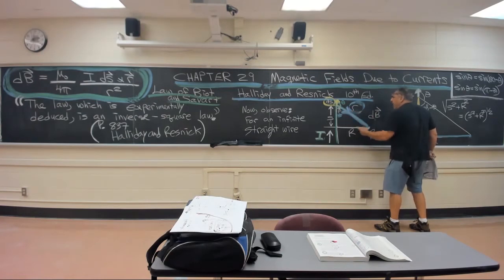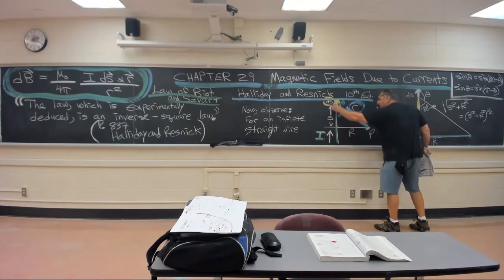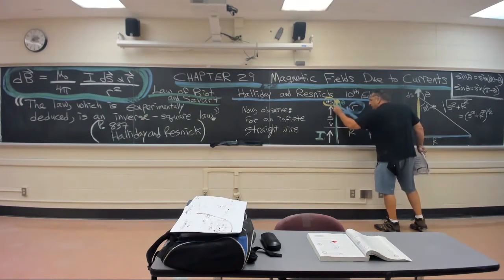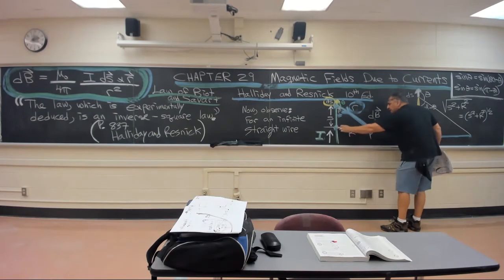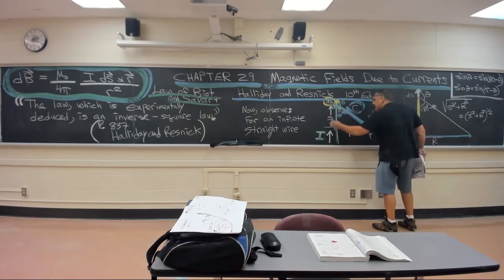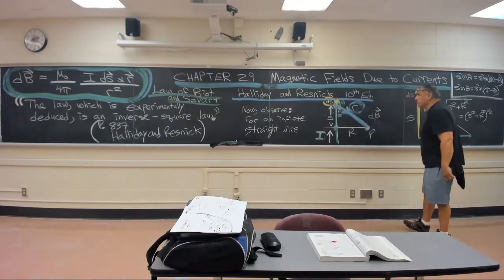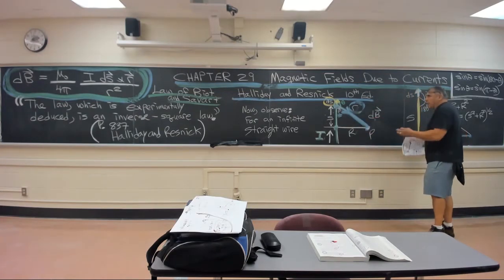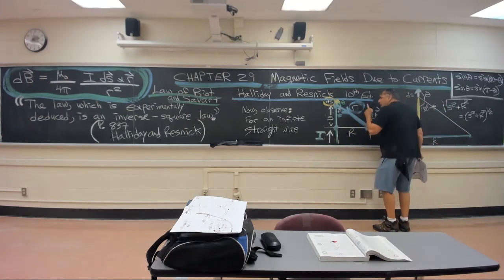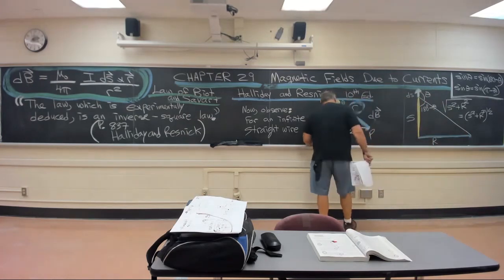So the size of r vector is r. It's this hypotenuse with s right here, from here to here is s, and from here to here is capital R. So here's s squared plus capital R squared equals small r squared, and we can talk about how that all works out. So that's where this is coming from.